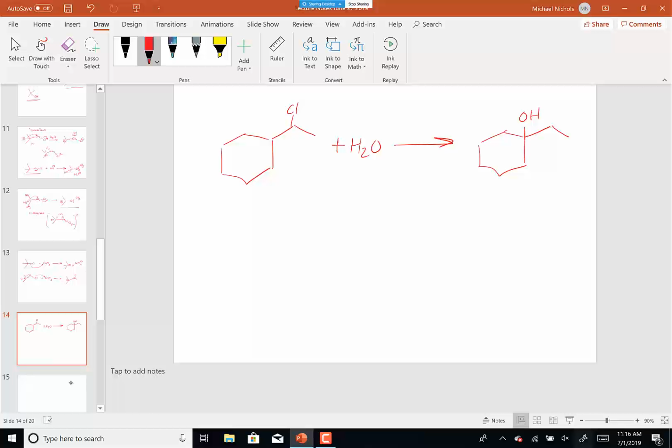So if I gave you this kind of problem and said, write the mechanism of this, you're going to have to recognize that this does a hydride shift. So could you write the mechanism of this? For these reactions, you always form the carbocation first, and then you do the shift. The only time you're going to do the shift and eliminate the leaving group at once is if it's a primary system. This is a secondary system.